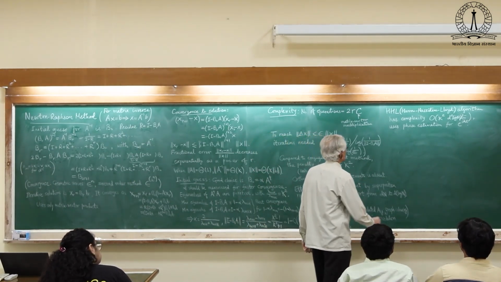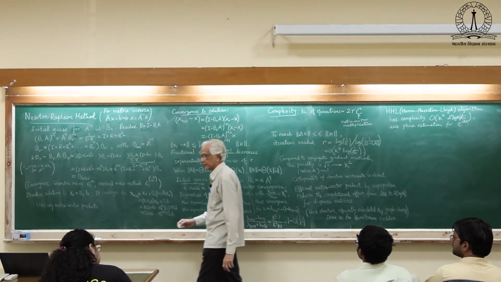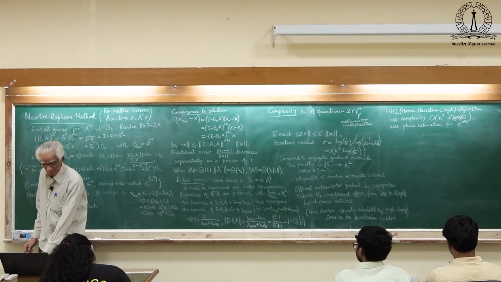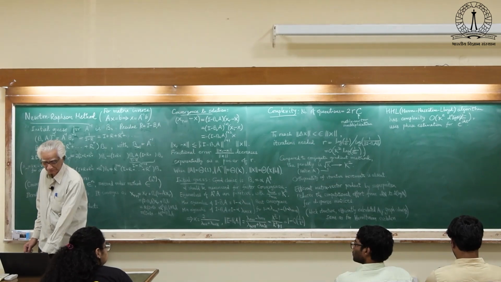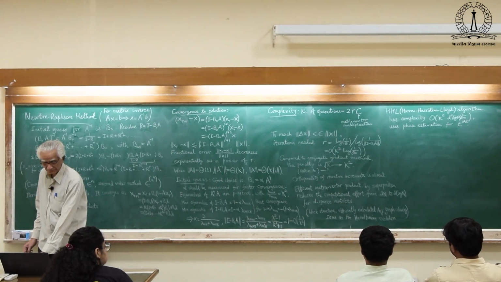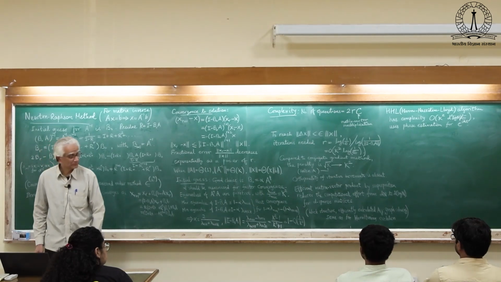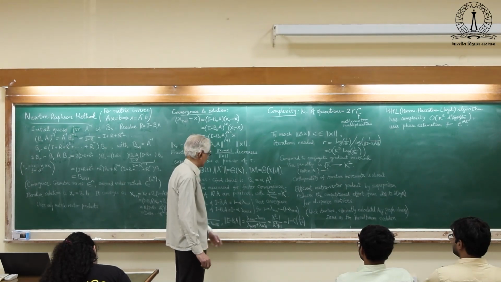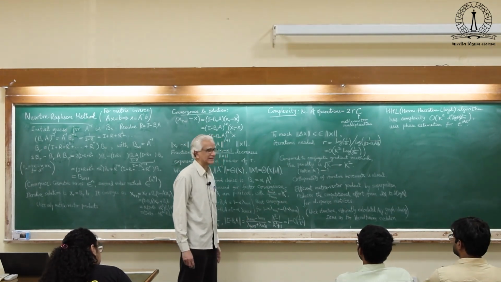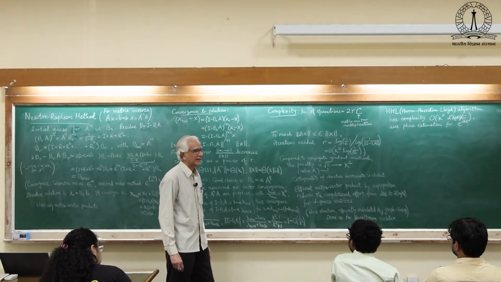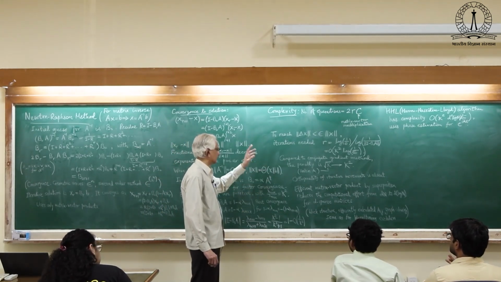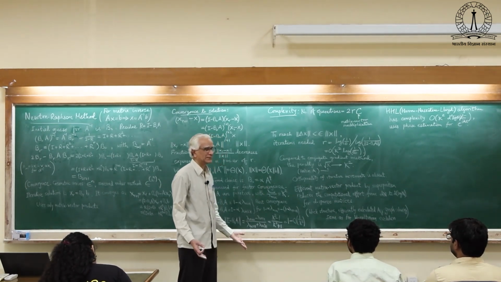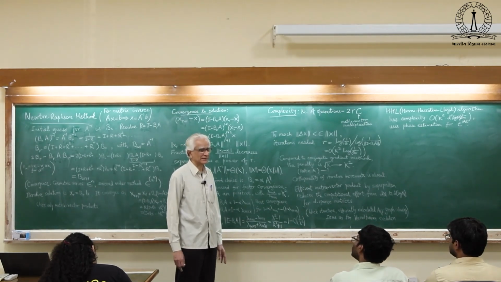So this is one input, and oh yeah, forgot one thing. I have to give a prescription for figuring out this lambda max and lambda min. I just said that it is given by eigenvalues of A dagger A, but for a general matrix, how do I know what it is?